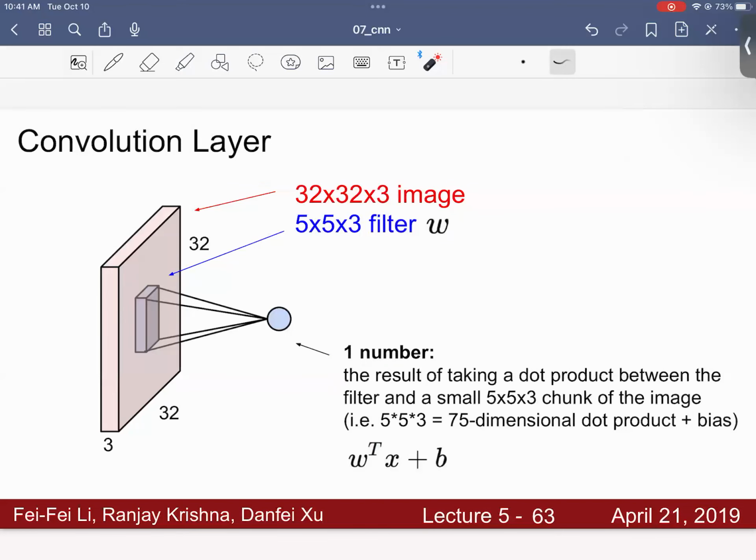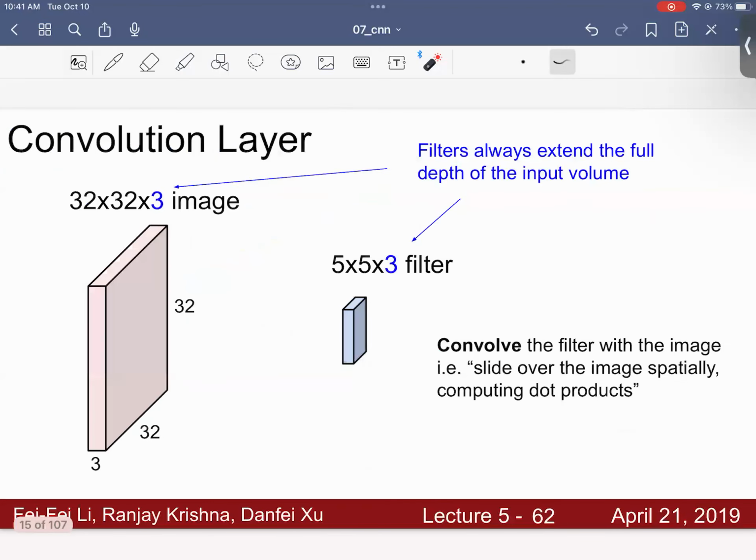So for example, let's say the image has values like 1, 0, 1, 1, 0, 1, 1, 1, 0, and so on. You can think of this as a black and white image, where the pixel value is either 0 or 1.